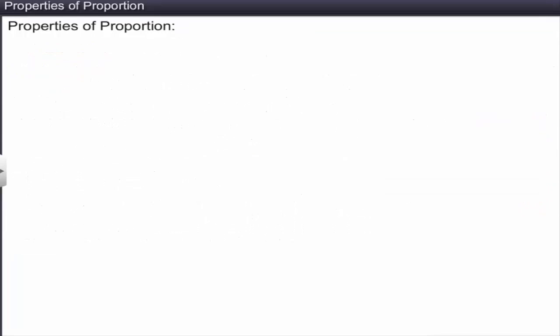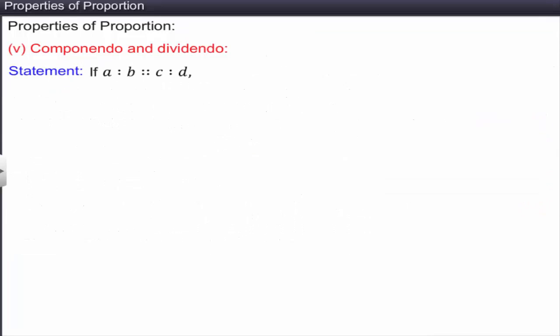The fifth property, which is called componendo and dividendo, states that if A is to B is as C is to D, then A plus B is to A minus B is as C plus D is to C minus D. Let's prove this property.